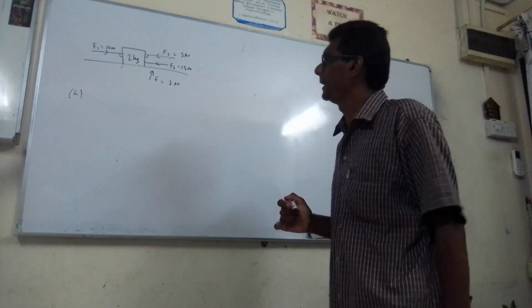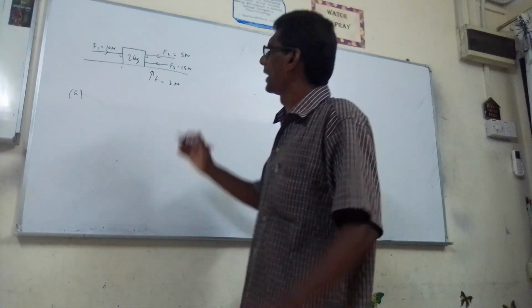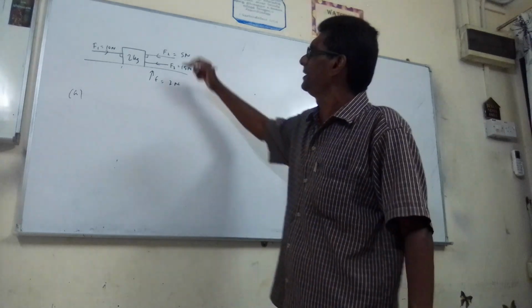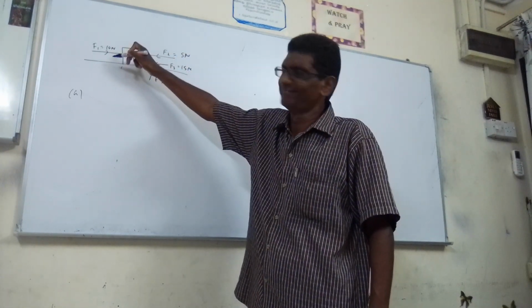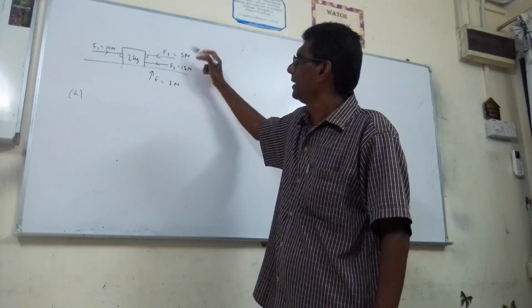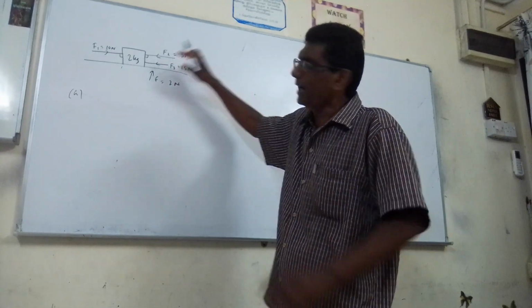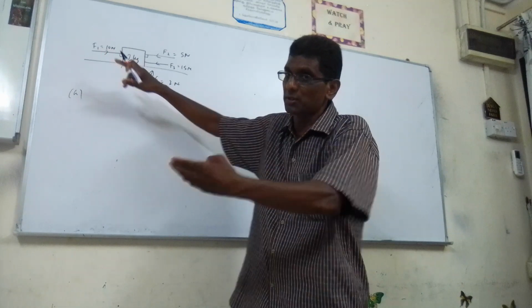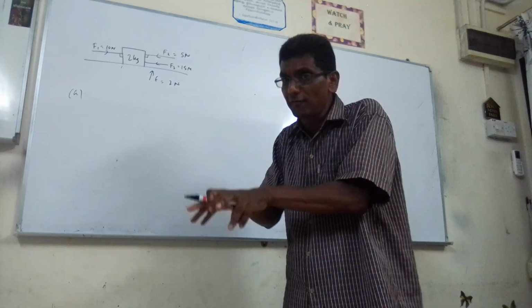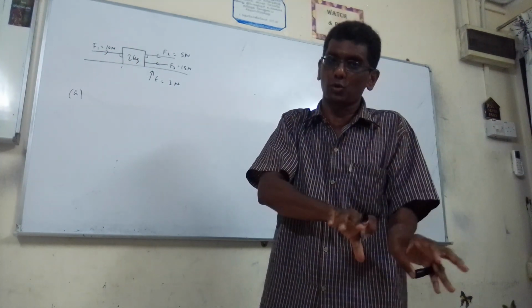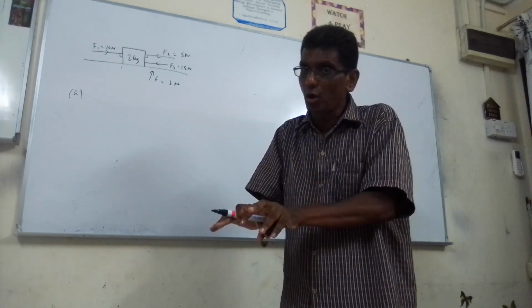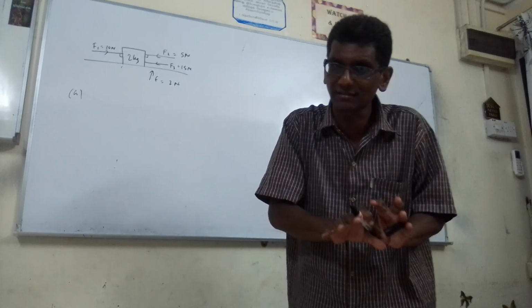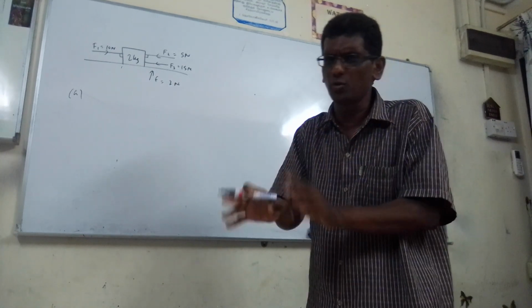F2 and F3 are in the same direction, and F1 is in the opposite direction. To find the resultant force, you must take the bigger force minus the smaller force. It's not necessarily F1 minus F2 and F3.